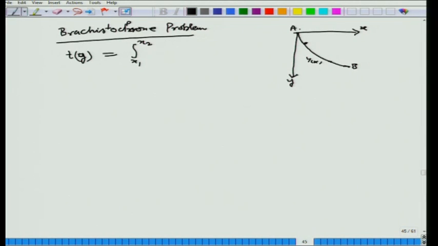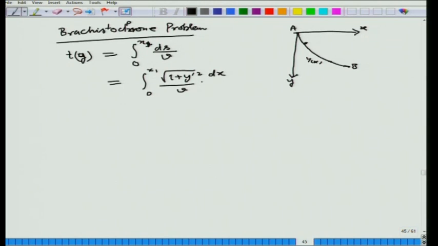So, here anyway x 1 is 0, so 0 to some x 1 here, and this will be d s over v, and so we will have this 0 to x 1 d s. We know that it is square root 1 plus y prime square d x, and v here.